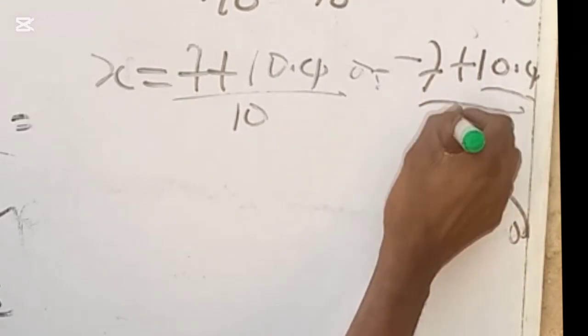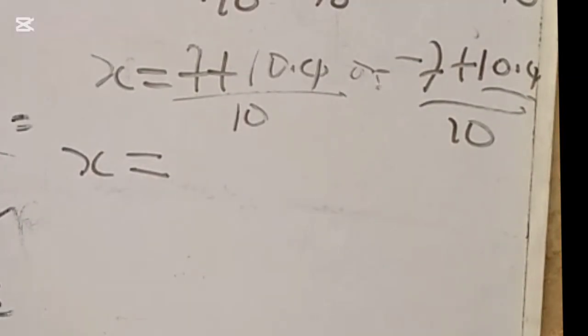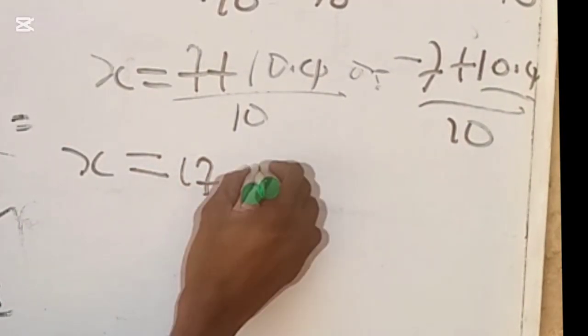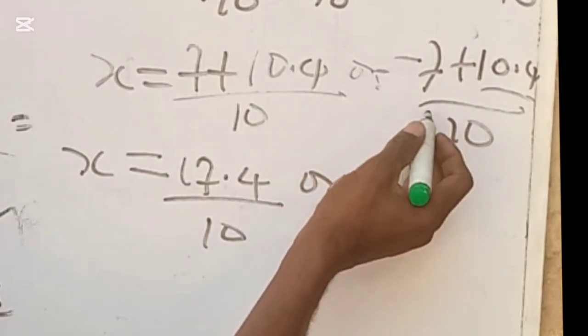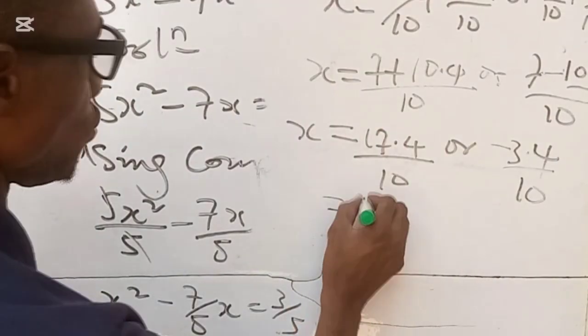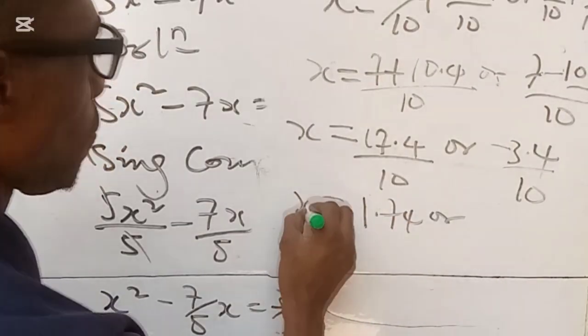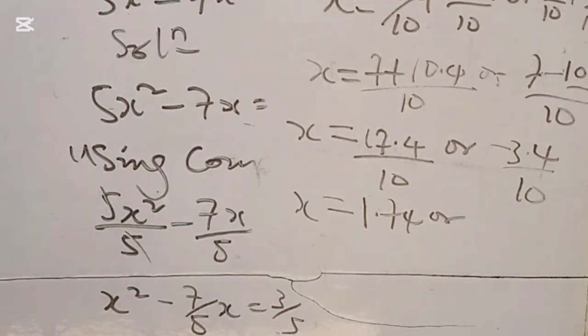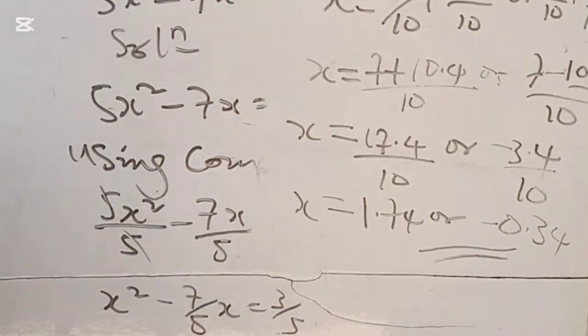If I add, I'm going to have 17.4 over 10, which is 1.74. Or if I subtract, I have approximately minus 0.3. Final answer.